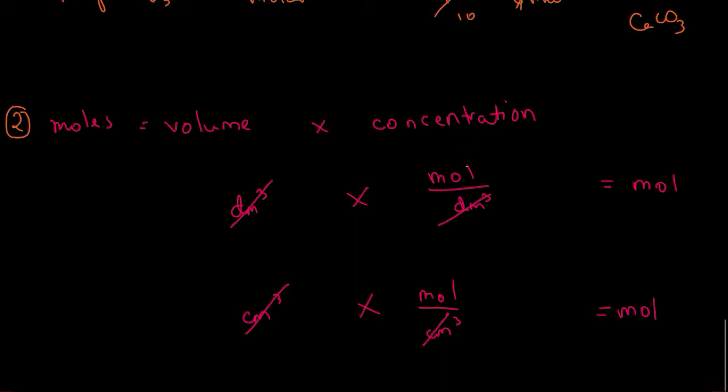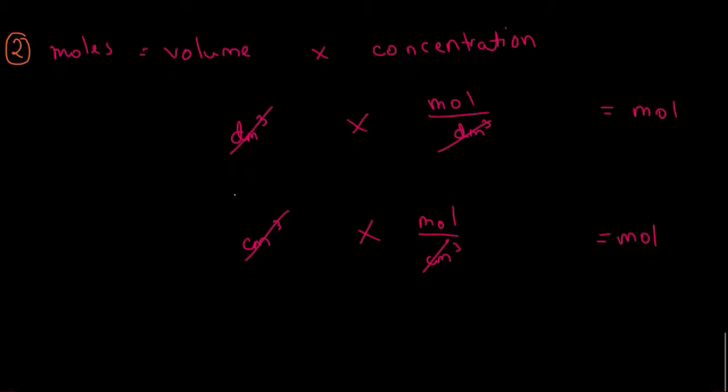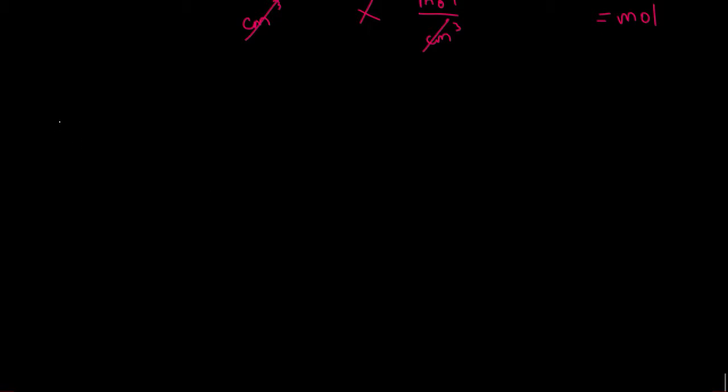At your level, you're only going to have the concentration in mole per dm cube. So always remember to convert your volume to the unit of volume to dm cubes. So do not miss that. So we can do a calculation here.